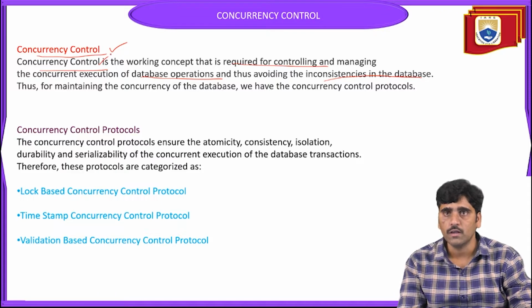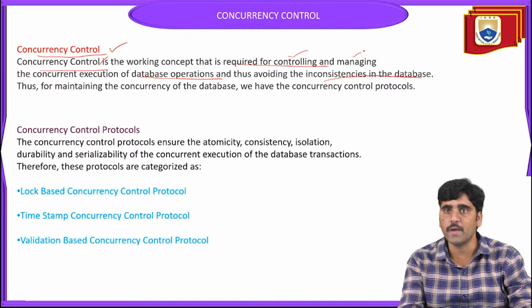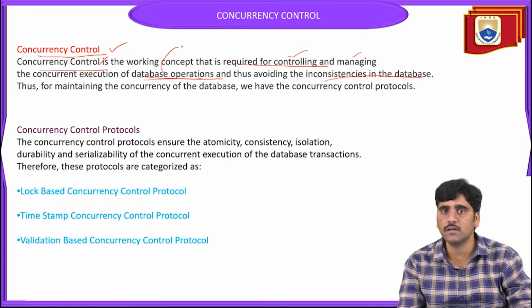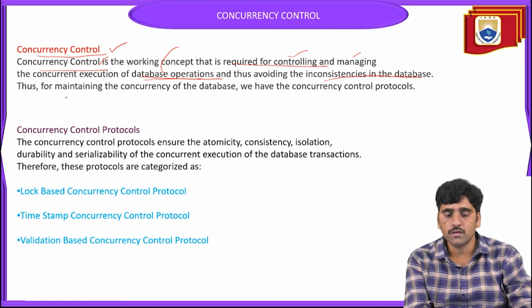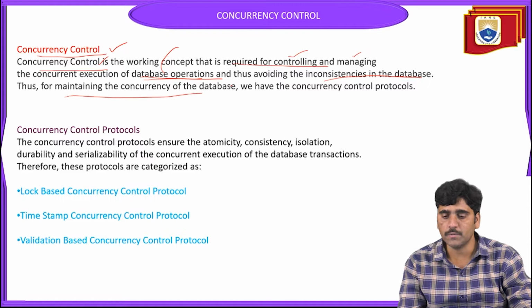Concurrency control is for controlling and managing the concurrent execution of operations. So what are the operations? Insert, update, delete, and all the database operations such as DML operations and DDL operations.